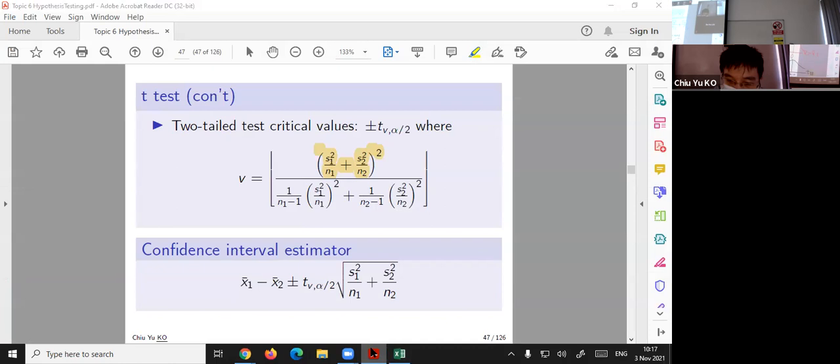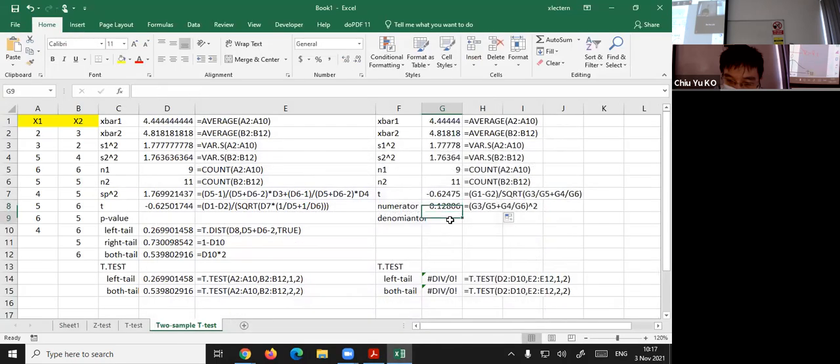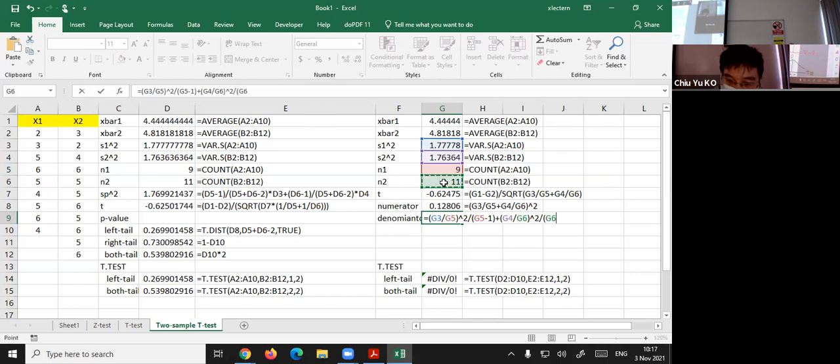And the denominator, not that difficult, is s1 squared over n1, all squared, divided by n1 minus 1, plus, again, the bracket s2 squared over n2, squared, over n2 minus 1.